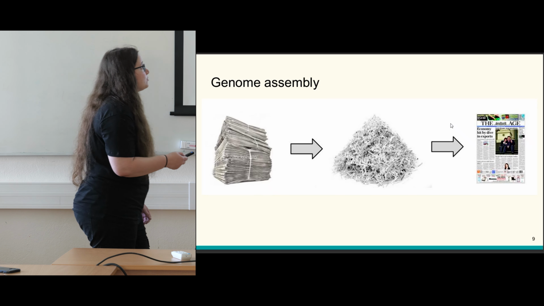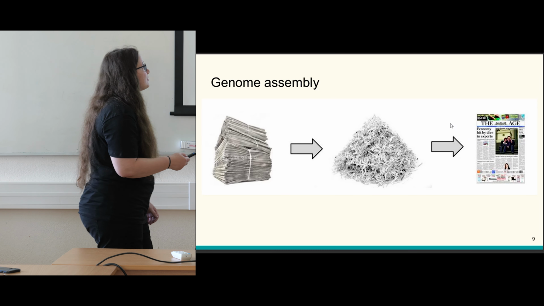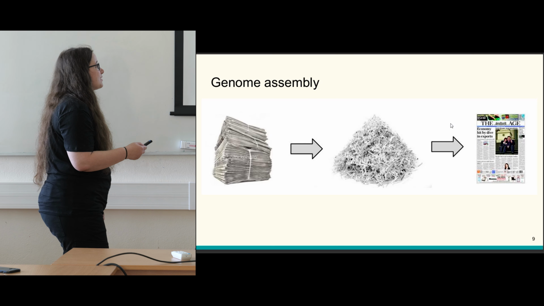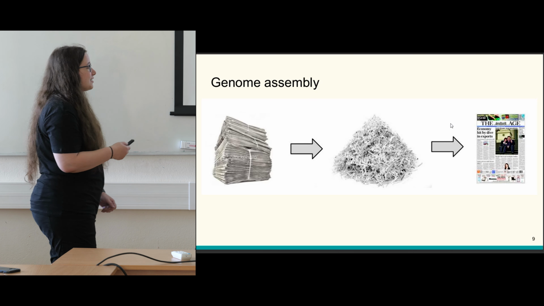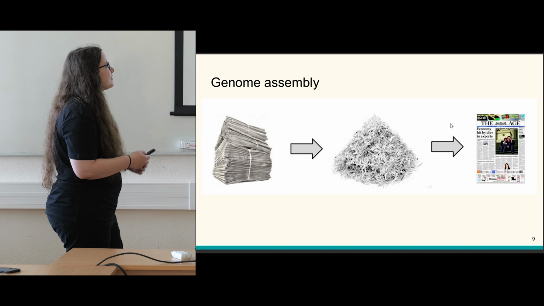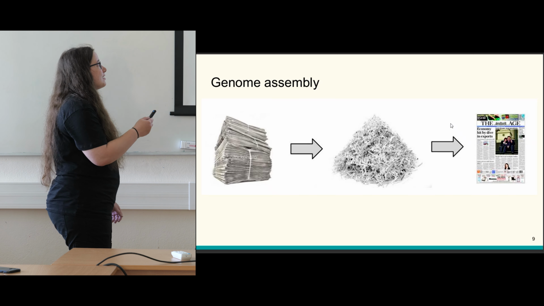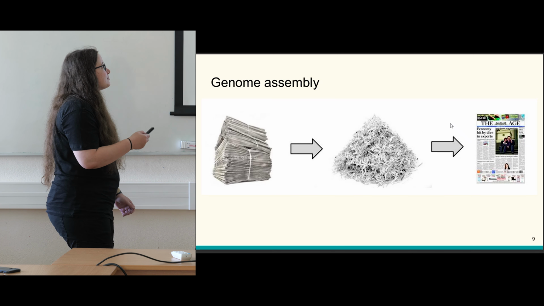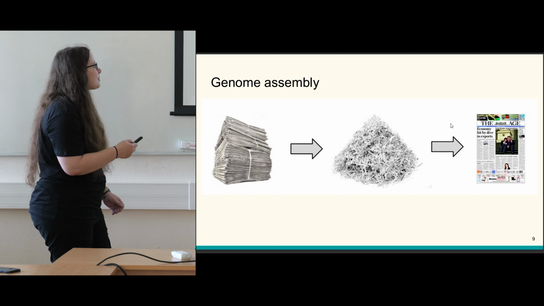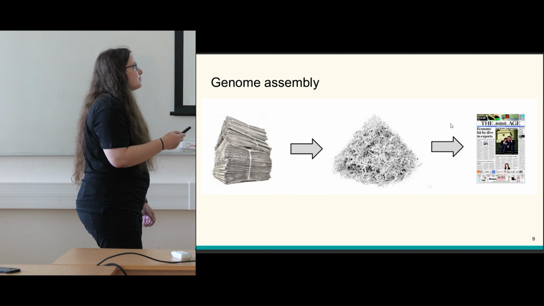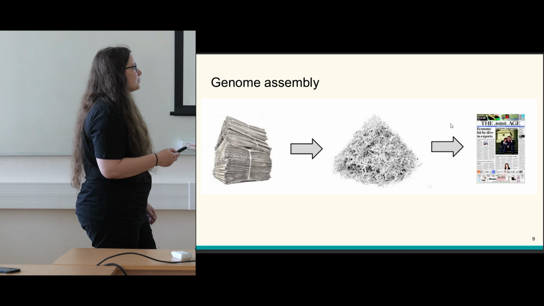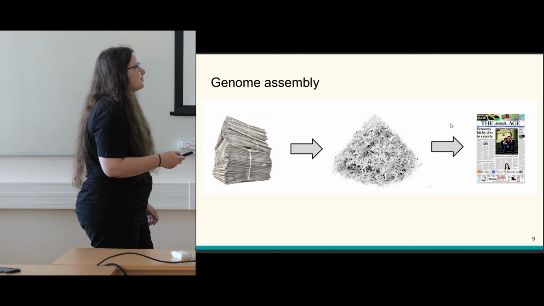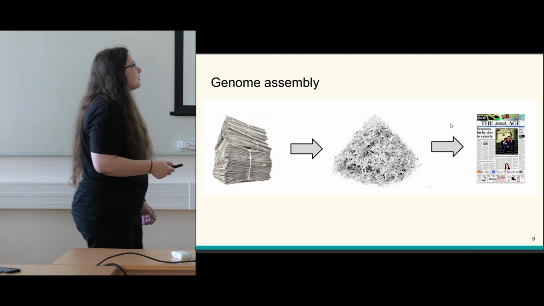So what we do with such data is, for example, genome assembly. And even though the genetic information in bacteria is there in a nicely tight form, when we sequence it, what we get is more like a shredded pile of paper. And what we would like to accomplish is to get the individual pages from it.